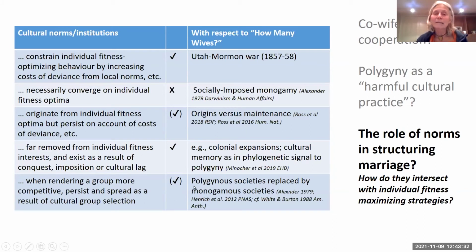There's probably some truth in this, although we also have to recognize that ethnographically, it's actually polygynous societies rather than monogamous societies that are more associated with conquest and expansion. So there are some problems with this explanation.